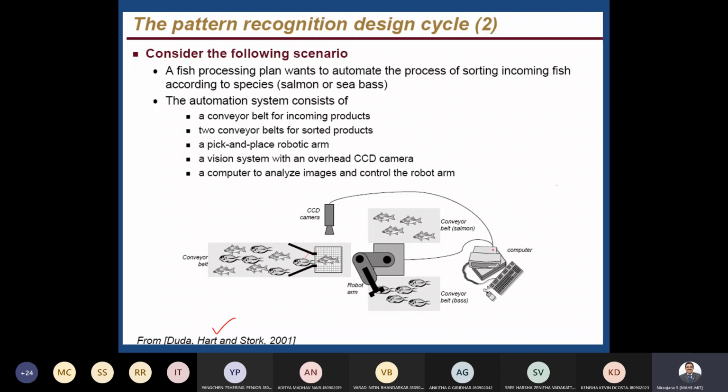Depending on what algorithm you fit here and the accuracy, maybe 60% or 70% or 100%, that makes the group here more appropriate. If your accuracy is 100%, you can expect all salmon here and sea bass here. Else you may get some mixture here. Instead of 100% salmon here, you may find one or two other fish also here.